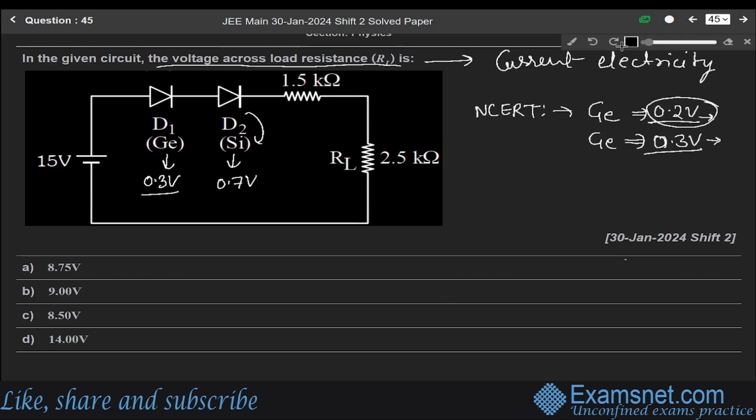Now the total voltage is 15 volt. The voltage is always distributed according to the ratio of the resistors.